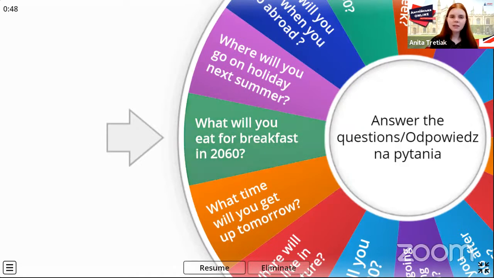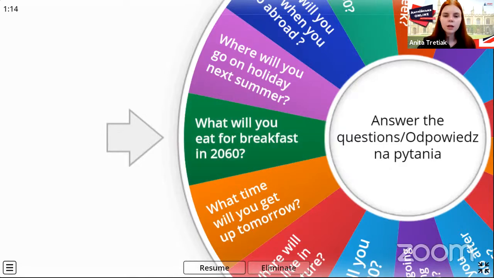Well, I think that I will eat healthy food because no matter if it's 2021 or 2060, I still want to eat healthy food for breakfast. Maybe avocado toast or something, or just vegetables and meat. So, what about you guys? You can write your ideas. What will you eat for breakfast in 2060?